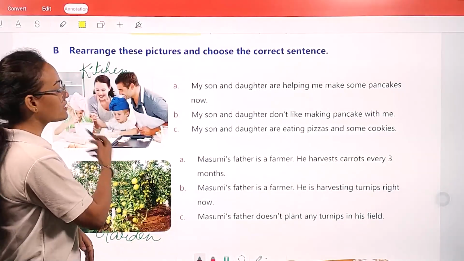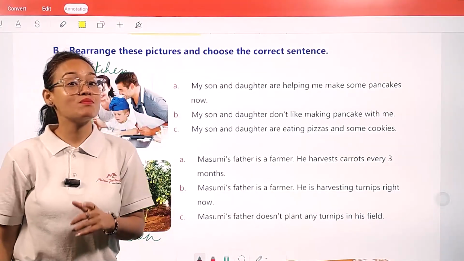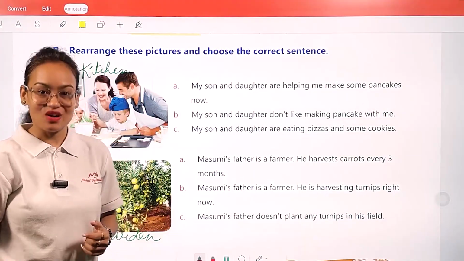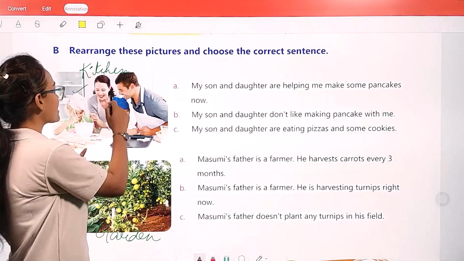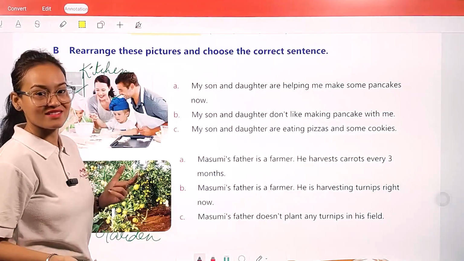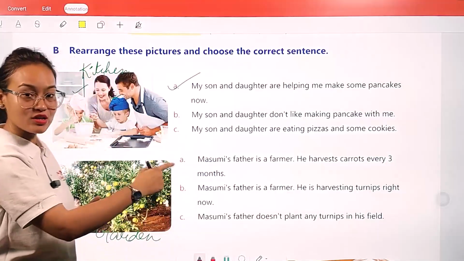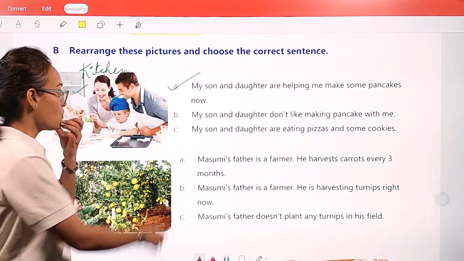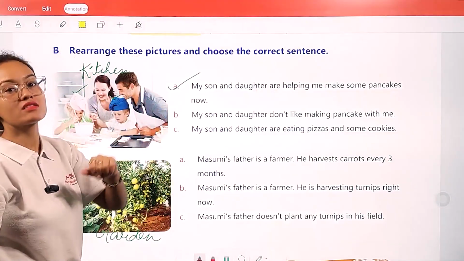All this activity, all these preparations are done before making any pancakes or cakes. Okay. This type of hat is put on the head specifically whenever we are baking. Okay, so your option A is correct according to this picture. My son and daughter are helping me make some pancakes now.